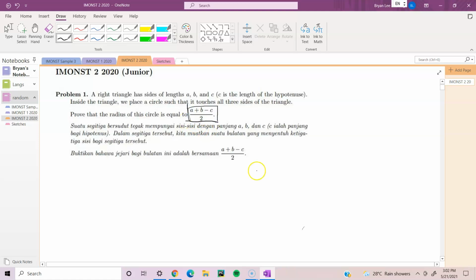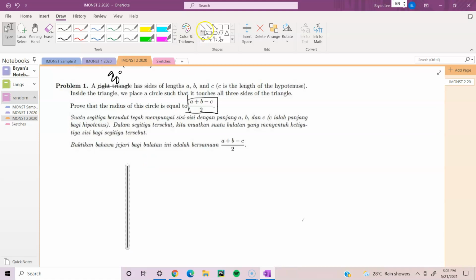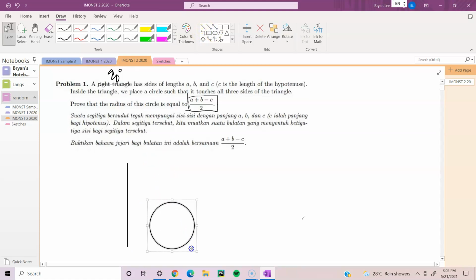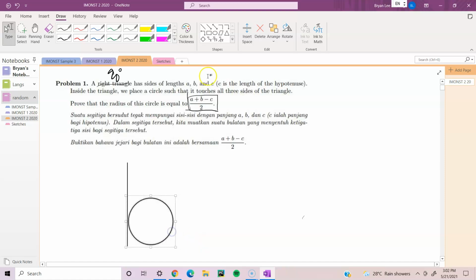Now, since this is a right triangle, meaning one of its angles is 90 degrees, I won't go into much detail, but I'll just draw one of these out here. Then we have a circle right here. Something like this. Then we have our second point over here.